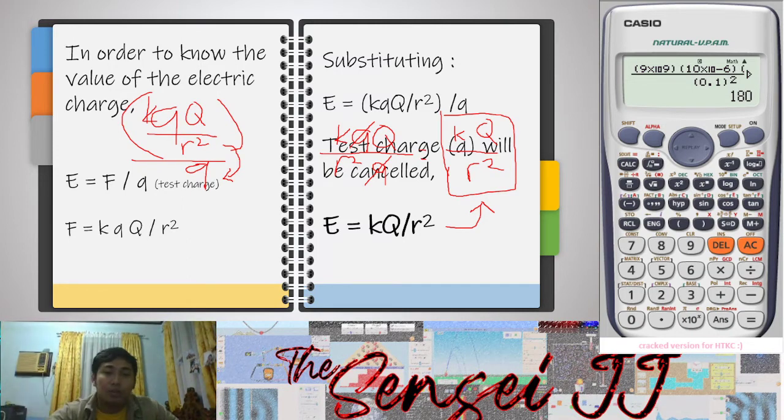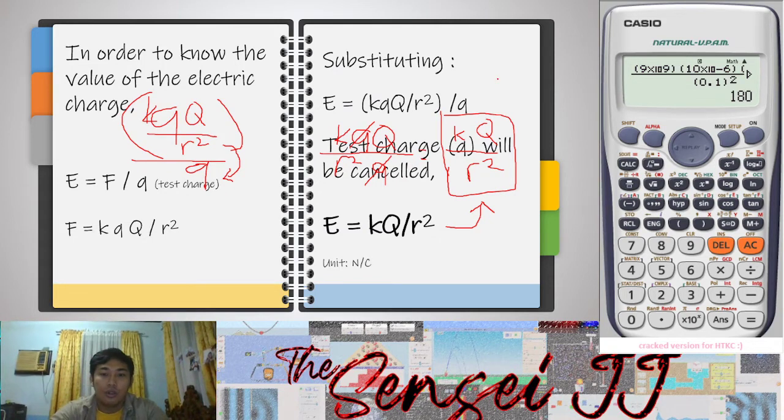So same lang yung lalabas natin dyan. I just want you guys to see the derivation on how our formula arrived to its working equation. Okay, so we have here our working formula of E is equal to kQ all over r squared.